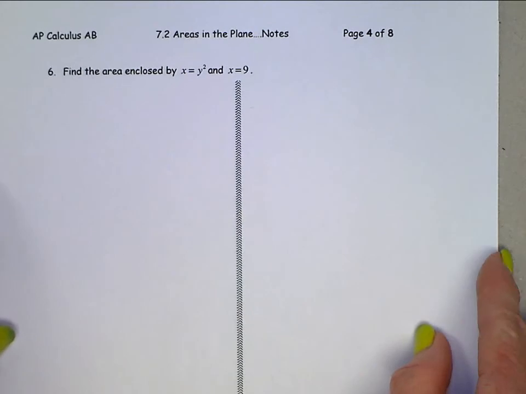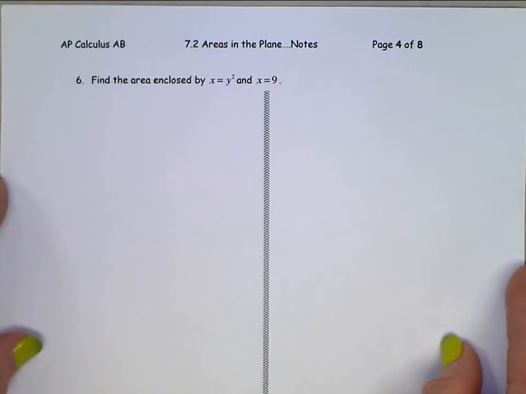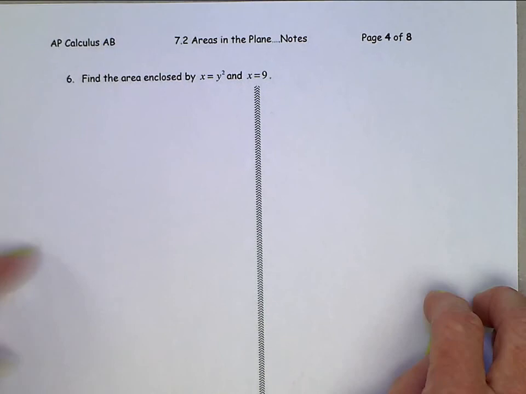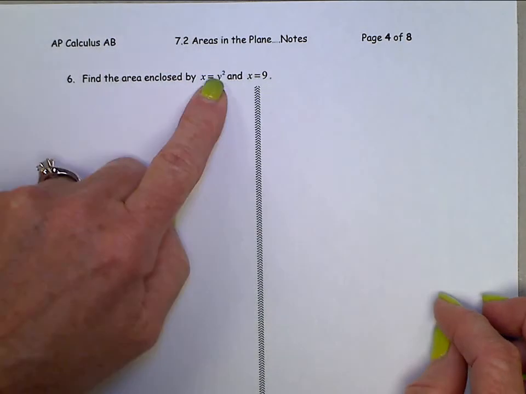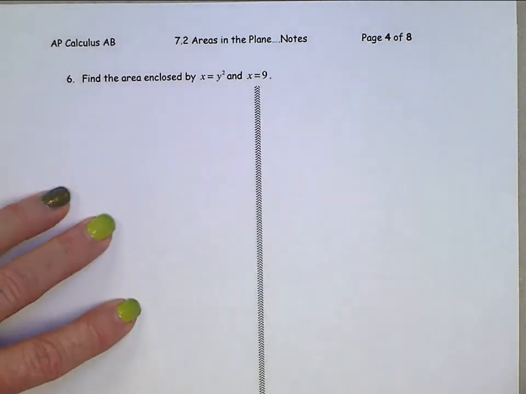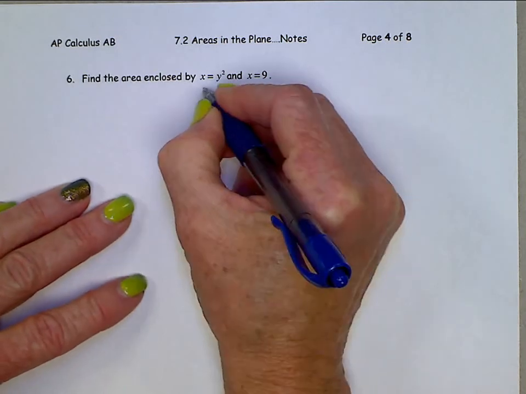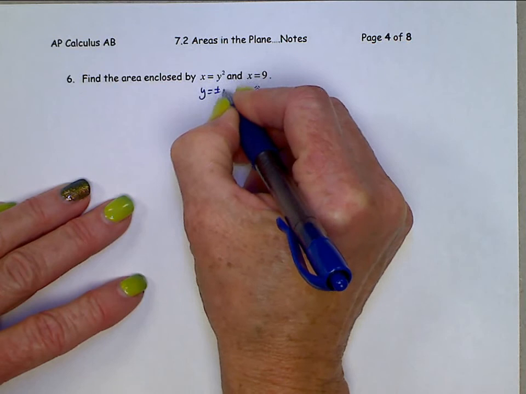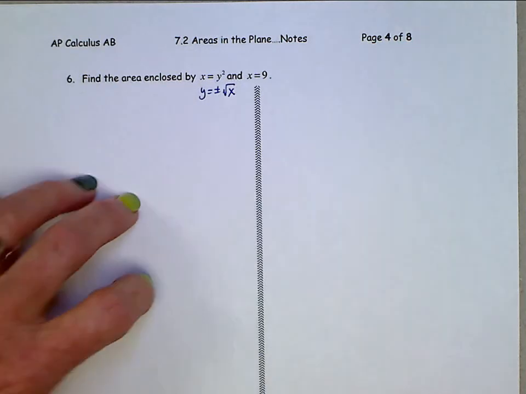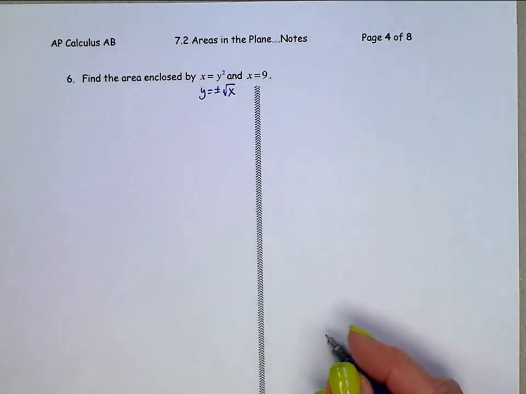Sorry, the next page was bleeding through. All right, so firstly, we need to graph this. We're going to need to solve for y first, which is going to give us y equals plus or minus the square root of x. So, graph.